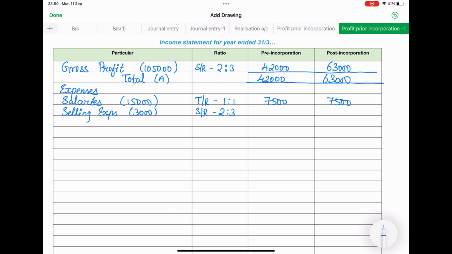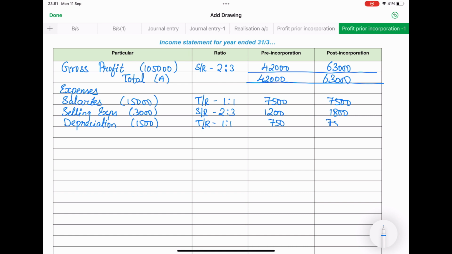So 1,200 is the value, and 1,800 for post-incorporation. Next we have depreciation. Depreciation is valued at 1,500. It should be apportioned in the ratio of 1:1, which is the time ratio. 1,500 into 1 by 2, which means 750 for pre-incorporation and 750 for post-incorporation.